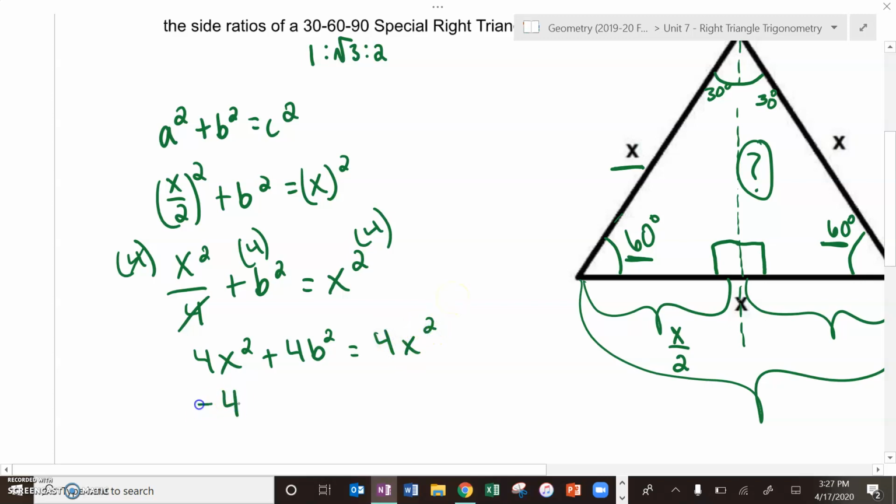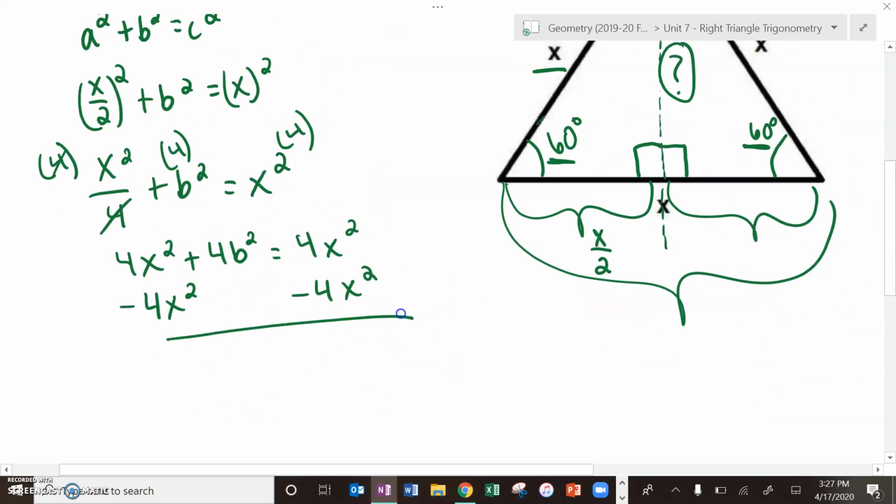Then we're going to subtract 4x squared from both sides. And then you get 4b squared, because that crosses out and that crosses out.